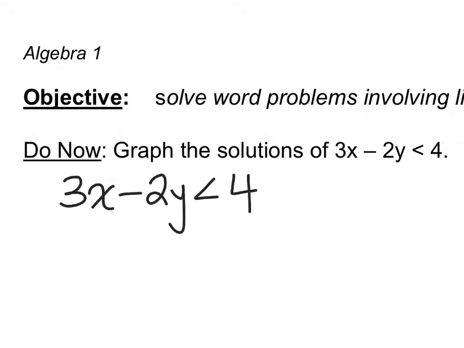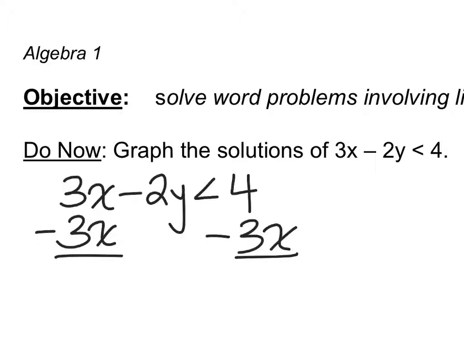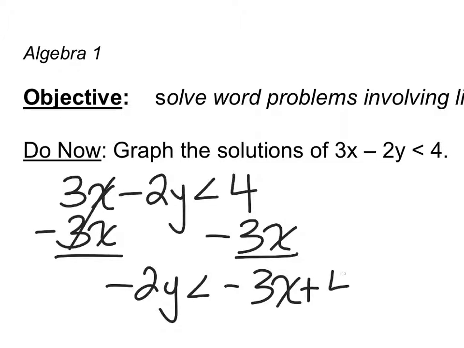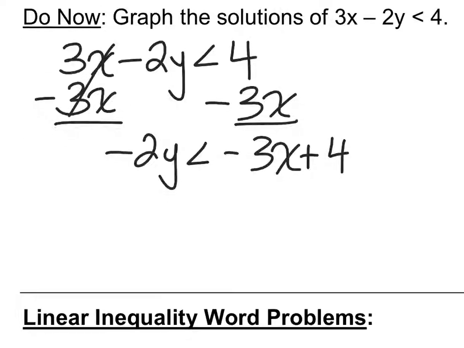All right, so first move. Subtract the 3x. I'm writing the negative 3x in front because I'm going to put it in y equals mx plus b form, and so I figure that's just going to make life a little easier.